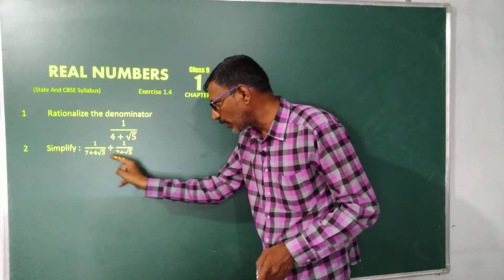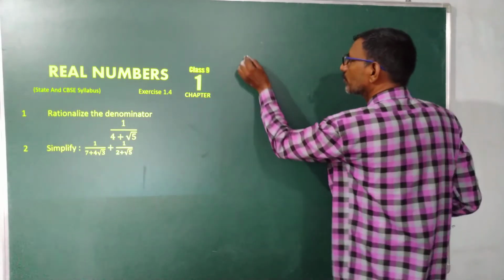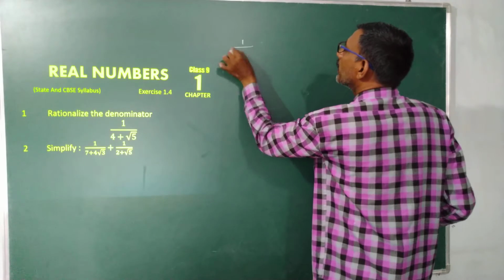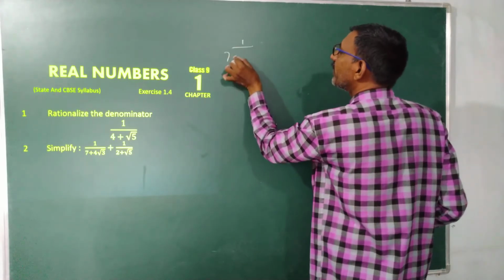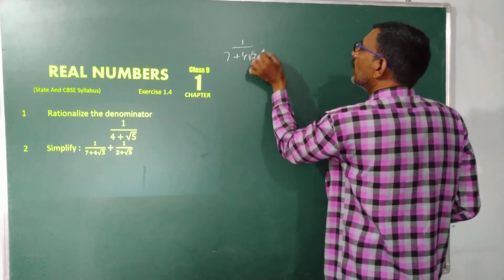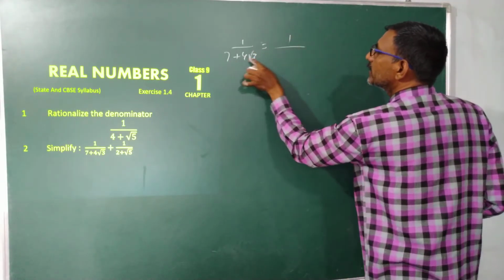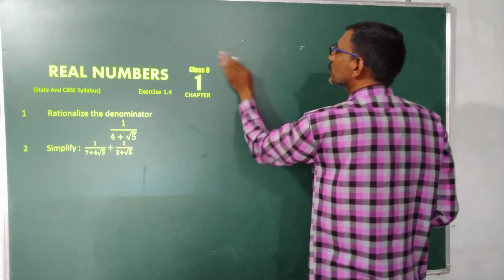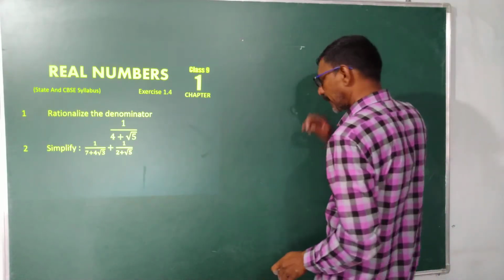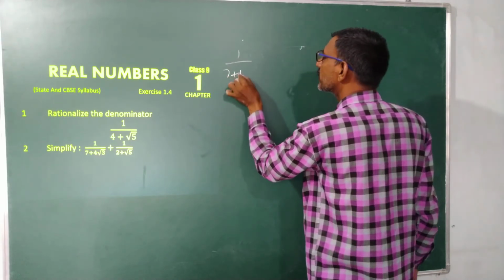From this one, I would like to take only the first one first. 1 by 7 plus 4 root 3 is equal to 1 by, I would like to write here better, I think. We have to follow this method. 1 by 7 plus 4 root 3.